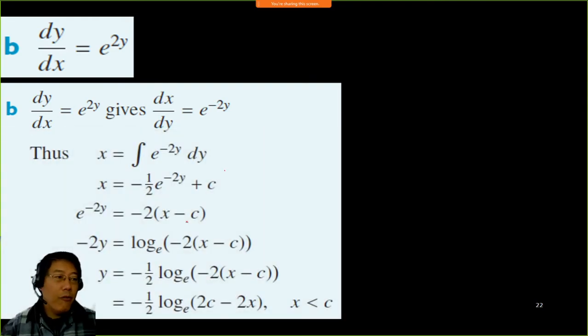So when you anti-differentiate, you will have a negative 1 over 2 coefficient. Okay, you have a constant. Now when you rearrange it again, you will need to rearrange to make y the subject, so you follow the working out. That constant c is over here, so just follow the steps.